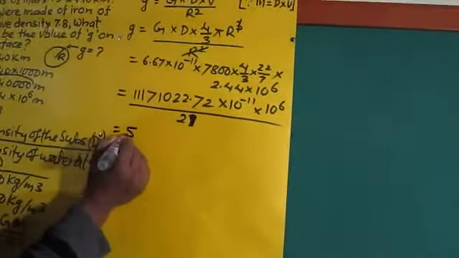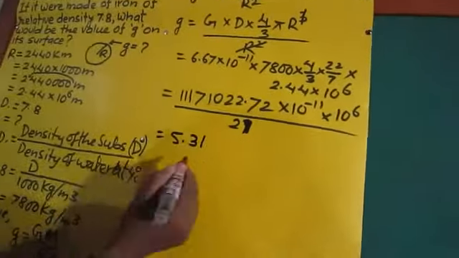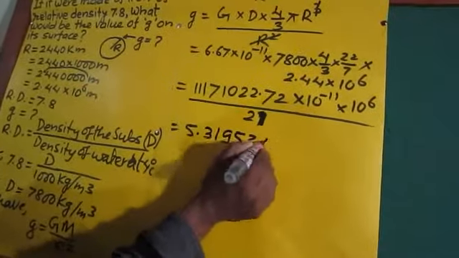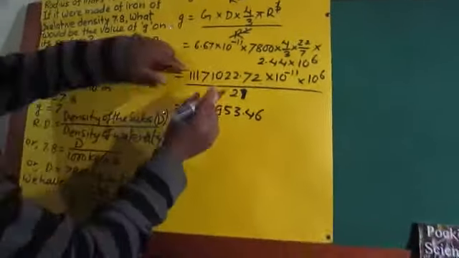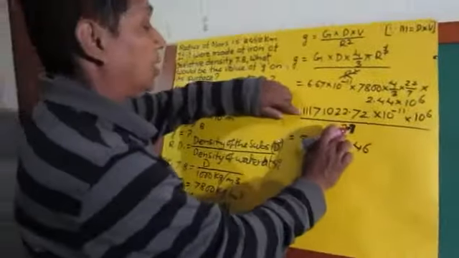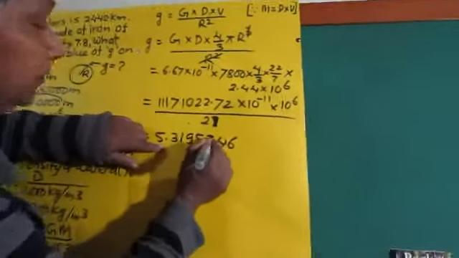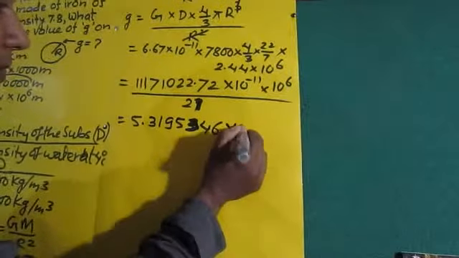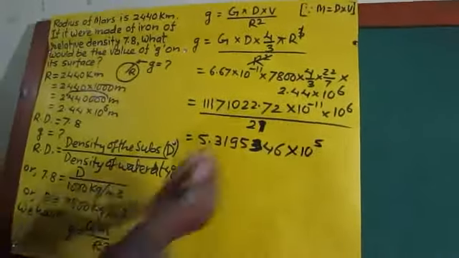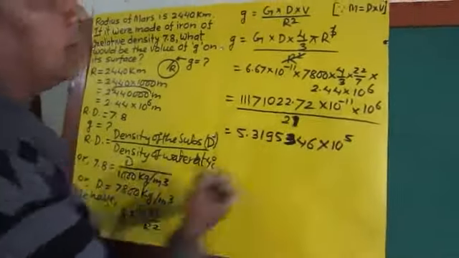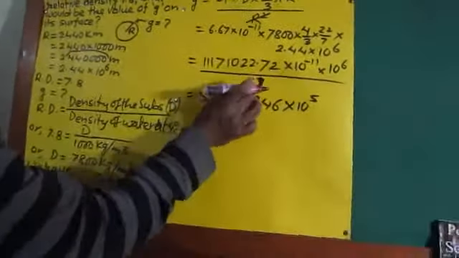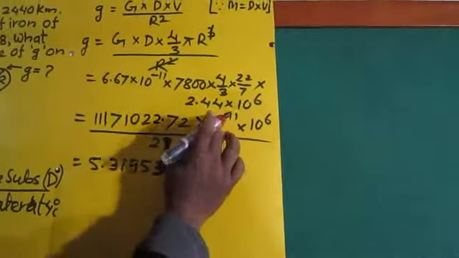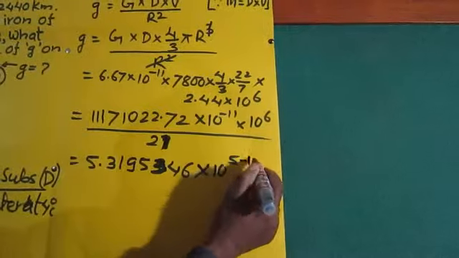We'll get 5.3195346, multiplied by 10 to the power 5. And we have here 10 to the power minus 11 and 6 also. If this is divided by 21, we'll get this into 10 to the power 5. We have 10 to the power minus 11 also. The same base, that's why I'm taking this as power.